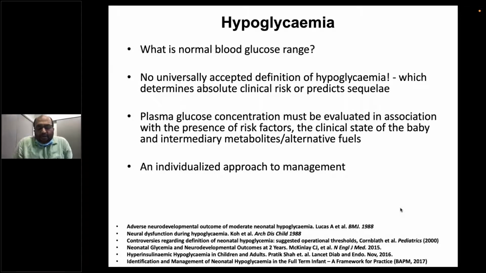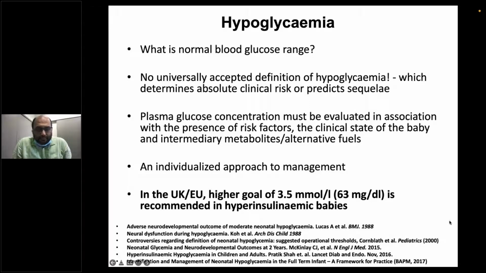We have to think about an individualized approach when we manage children with hypoglycemia. For hyperinsulinism, which is a condition that causes hypoketotic hypoglycemia, in the UK and EU we take 3.5 millimoles per liter as a cutoff for management.